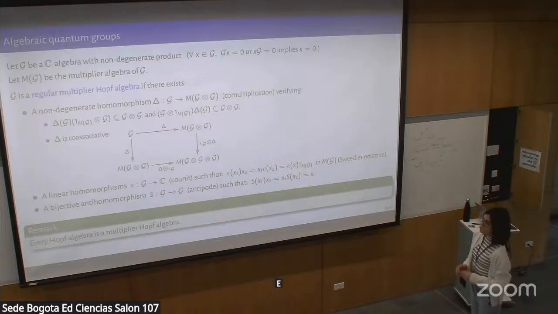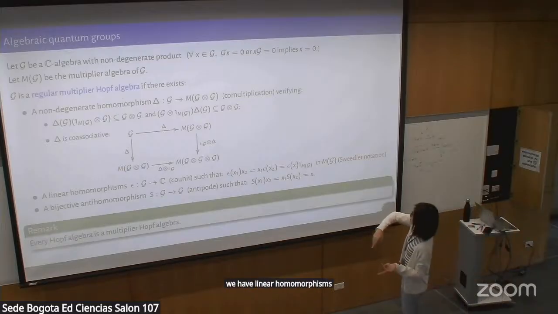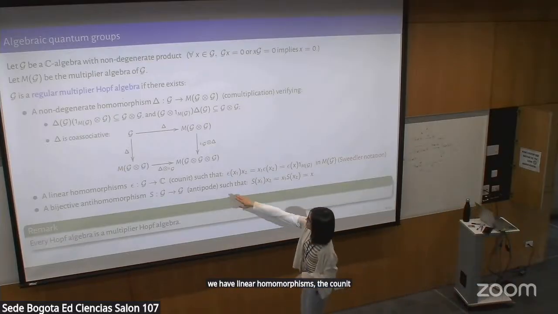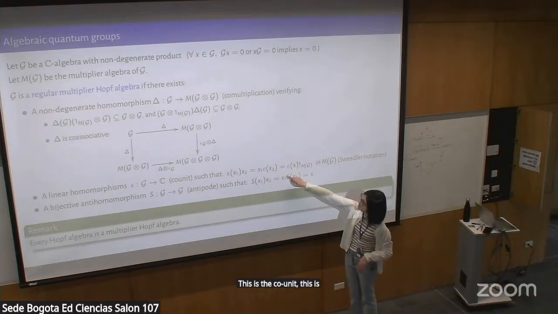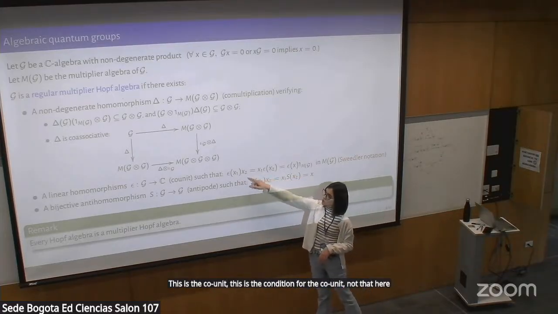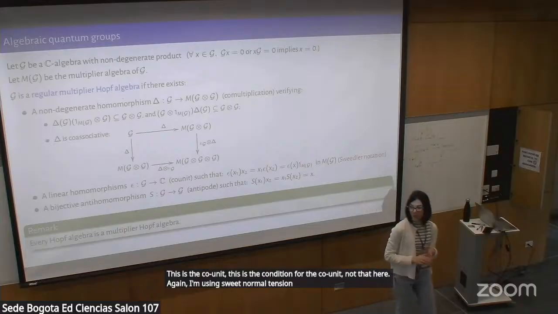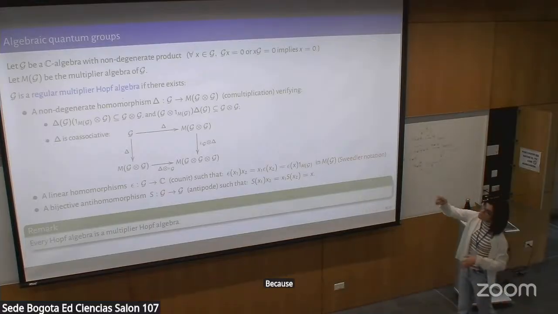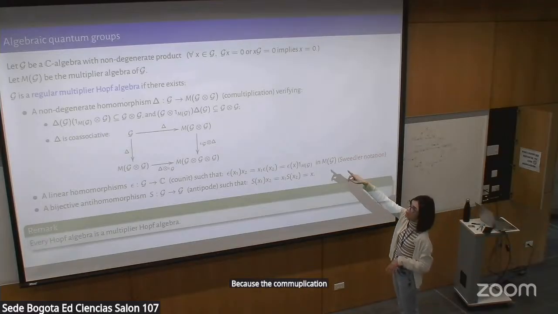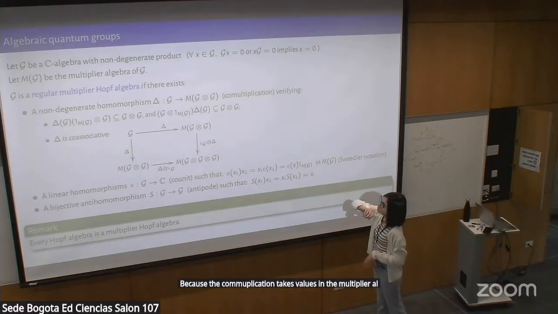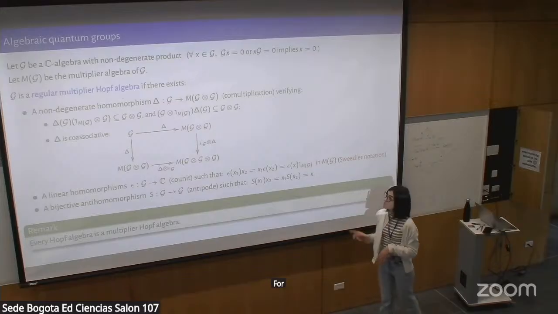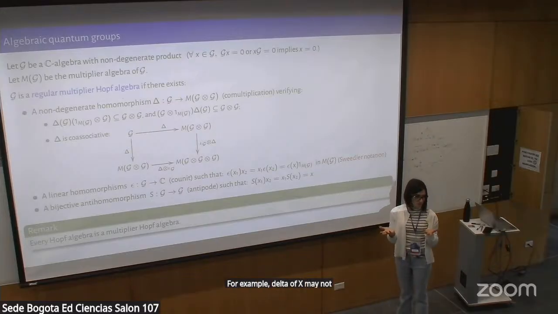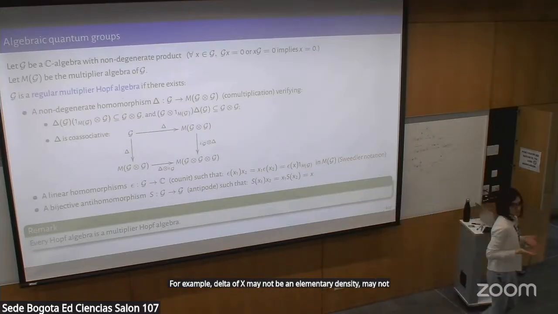We have a linear homomorphism, the co-unit. This is the condition for the co-unit. Note that here, again, I'm using Sweedler notation, but we have to be very careful in this case because the comultiplication takes values in the multiplier algebra. So, for example, delta of x may not be an elementary tensor, may not be a finite sum of elementary tensors.